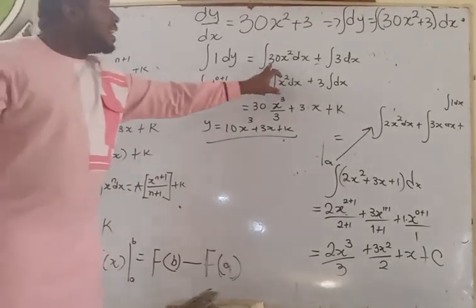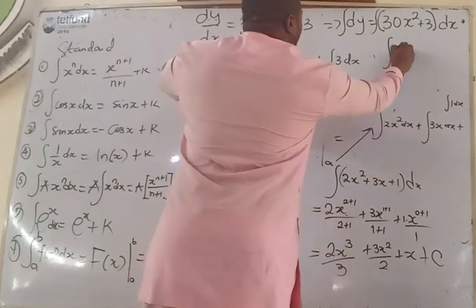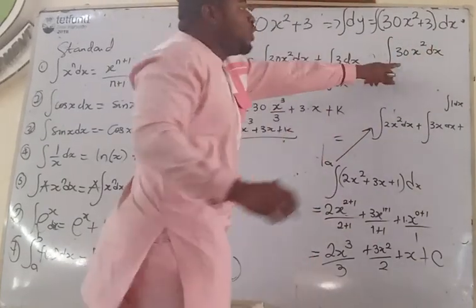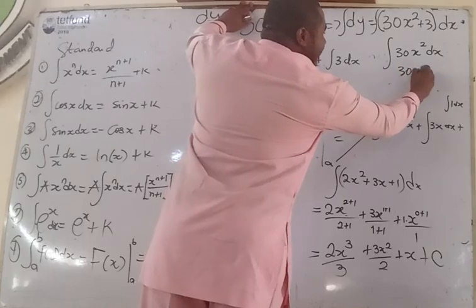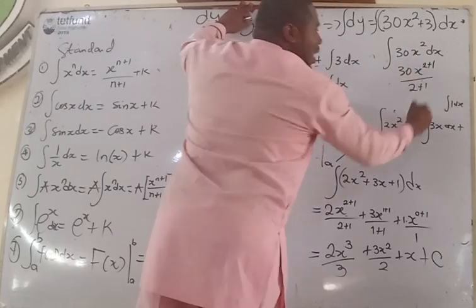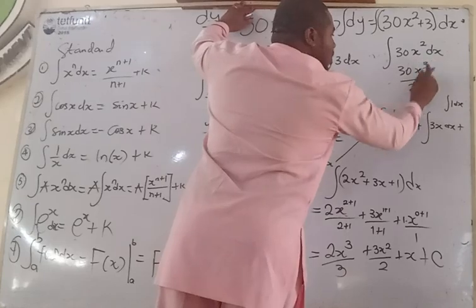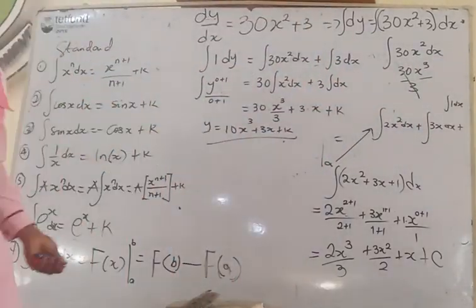Now when I want to integrate 30x squared, you can do it straight. For instance, the integral of 30x squared dx, I can do it without pulling out the constant. It is going to be 30x raised to power 2 plus 1 upon 2 plus 1. What is 2 plus 1? It is 3. 3 into 30 is 10.